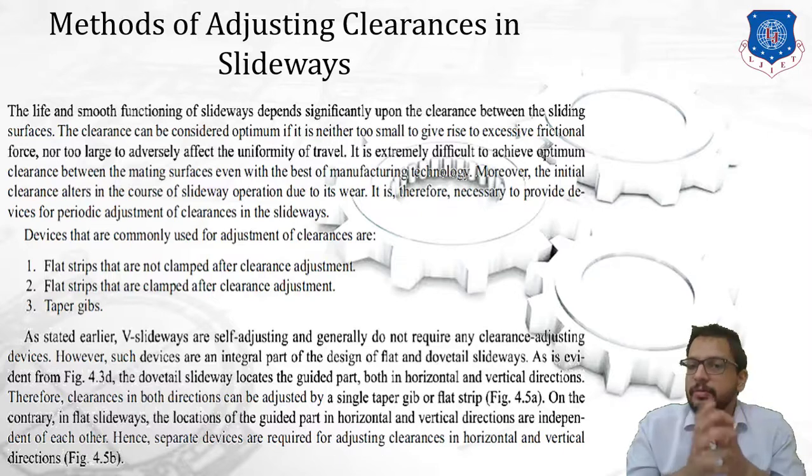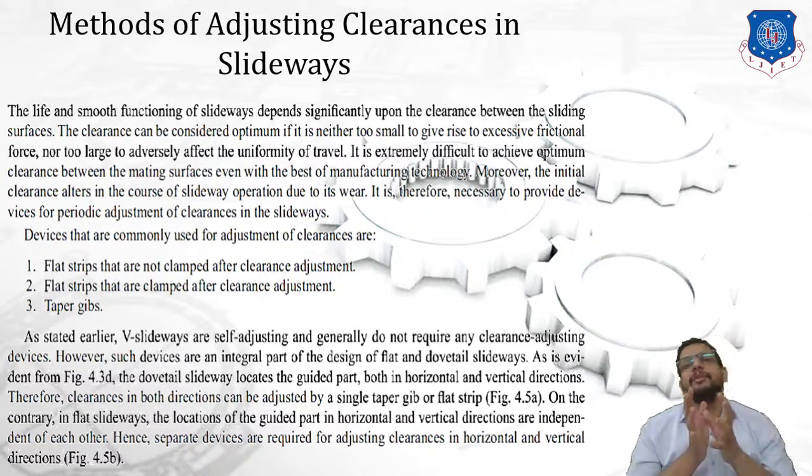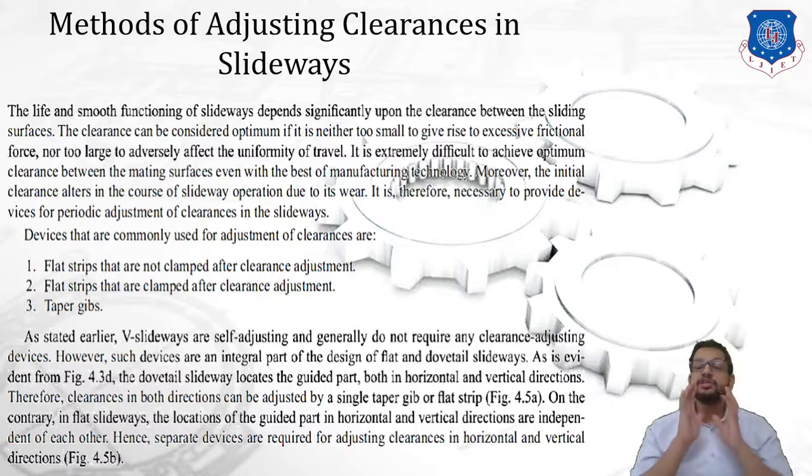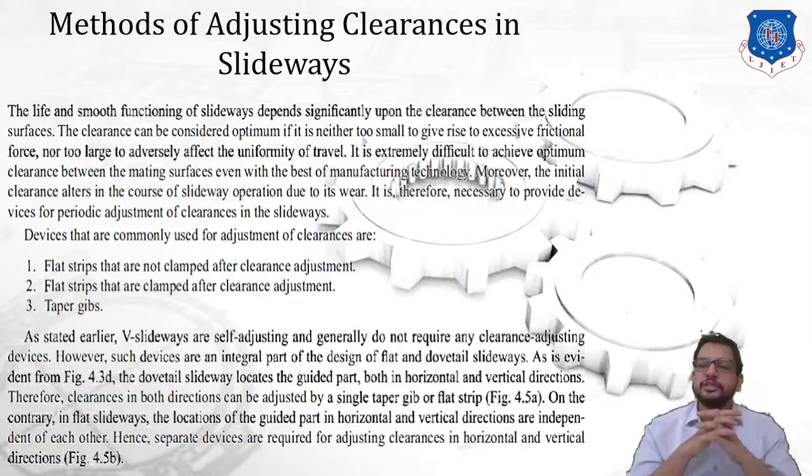Now it is extremely difficult to achieve the optimum clearance between the mating surfaces even with the best manufacturing technology. Moreover, the initial clearance alters in the course of slideway operation due to wear. It is therefore necessary to provide devices for periodical adjustment of clearance in a slideway.